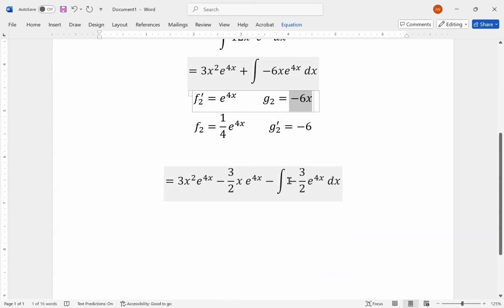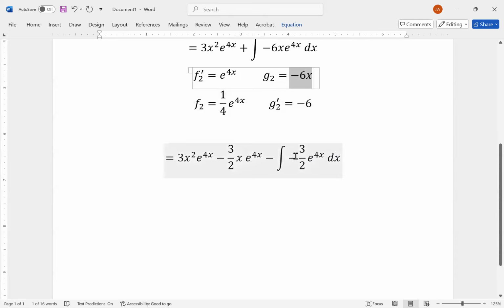So the short of the story is, some people like to keep the negative on the outside. Some people like to distribute that negative in and call my polynomial a negative polynomial. Hopefully that makes sense. At this point, negative of negative, I know that's going to cancel each other out.